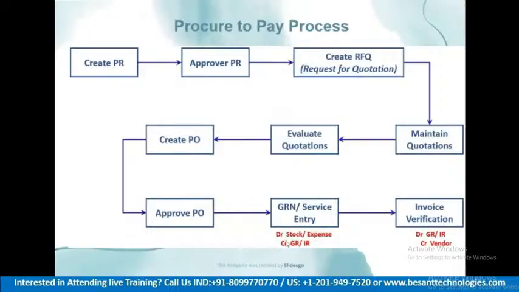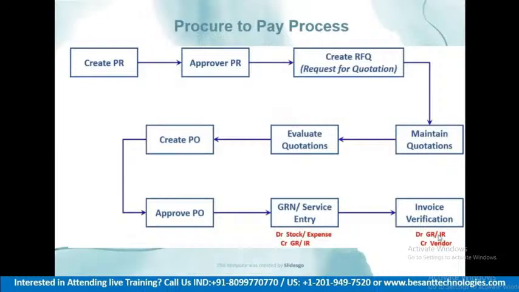We will have what are called finance entries, credit and debit. We will have a debit transaction in the stock or expense. We will have a credit transaction in the goods receipt or inventory receipt. Then the invoice will be sent to verification. FI consultants will handle this verification.